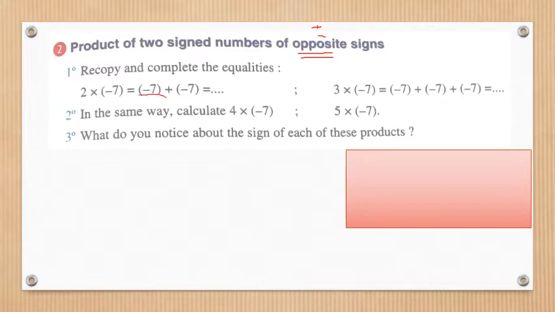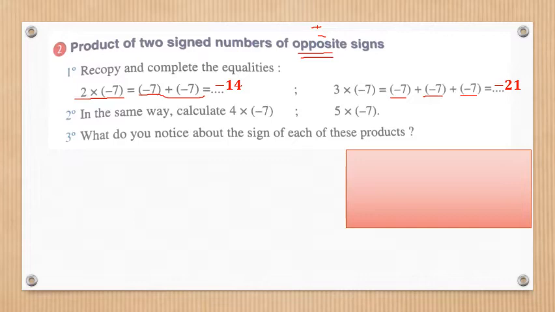Here I can replace it by 2 times minus 7, which is minus 14. 3 times minus 7 means I can write minus 7 plus minus 7 plus minus 7. Its answer is minus 21.